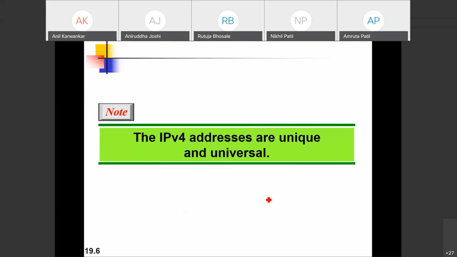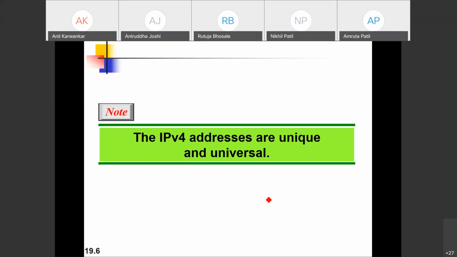There are no duplicate addresses. How these are formatted and how these are assigned, we are going to see. But remember that these are unique and universal. There is no duplicate public domain IP version 4 address available. Two devices will never have the same address at the same instant of time.